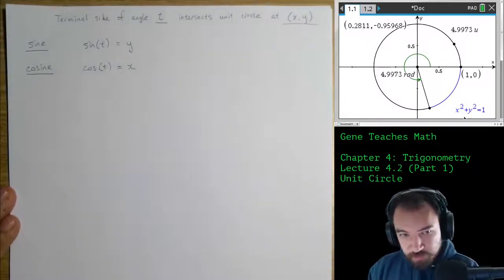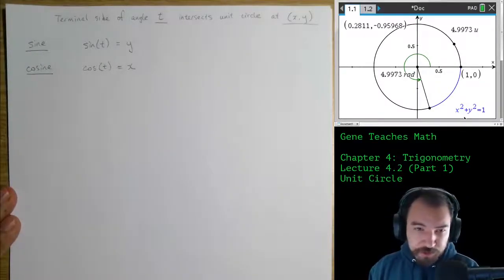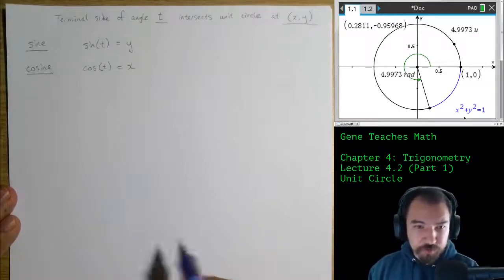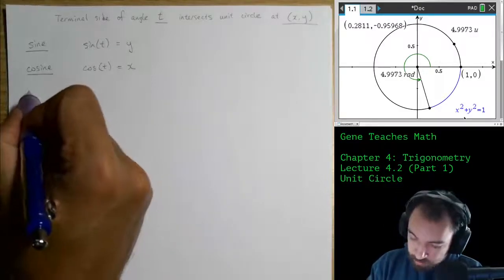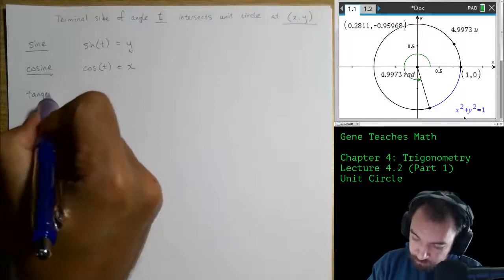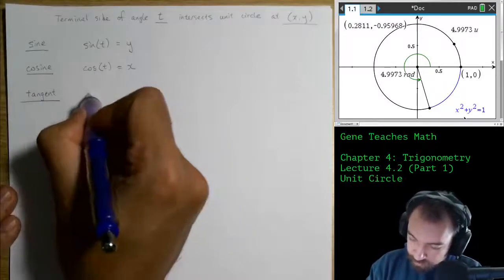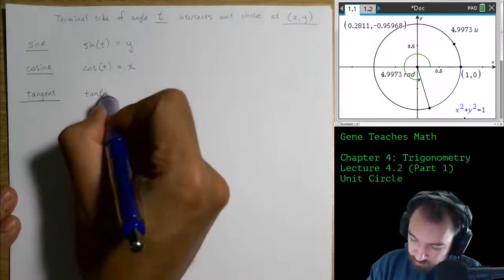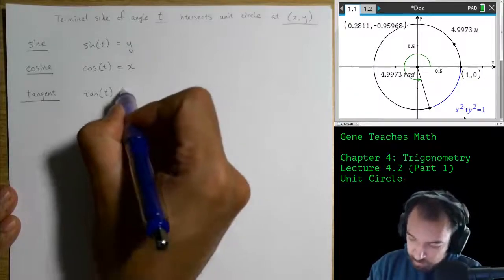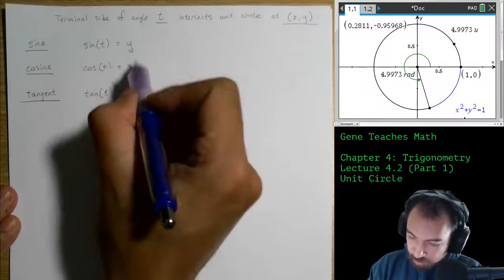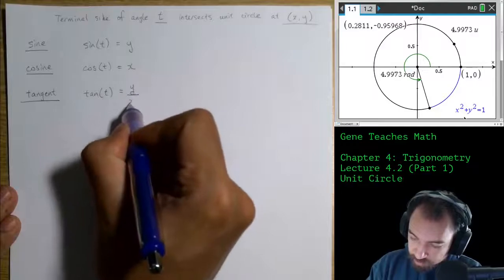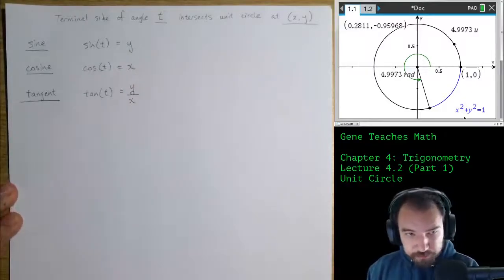Well, it turns out there are a few other trigonometric functions that we define, sort of for completeness, convenience, whatever you want to call it. There is one called tangent, and we write this as tan, tangent of the t variable, and this is going to be the y over the x. This is going to be sine over cosine.